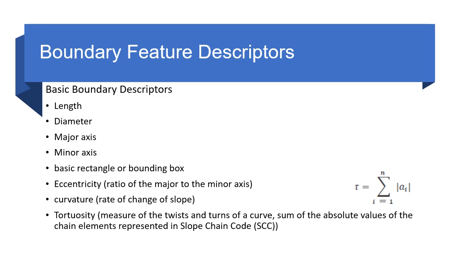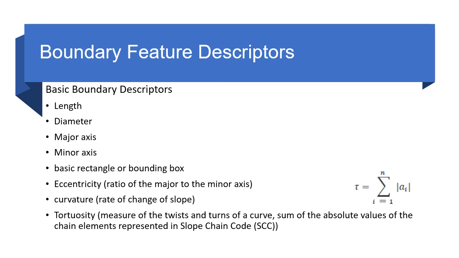Okay, now we'll continue with the boundary feature descriptors. We start with the basic boundary descriptors: one is length, and the others are diameter, major axis, minor axis, and so on. We could use the length itself as the feature of an object if it can distinguish the collection of objects that we are going to process.